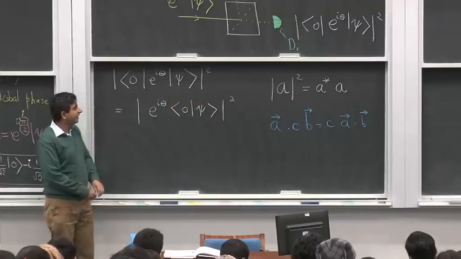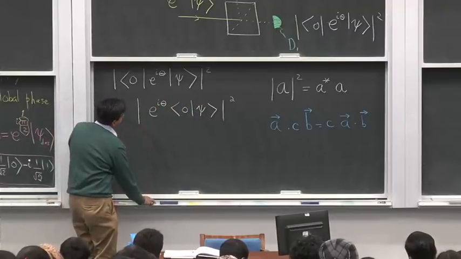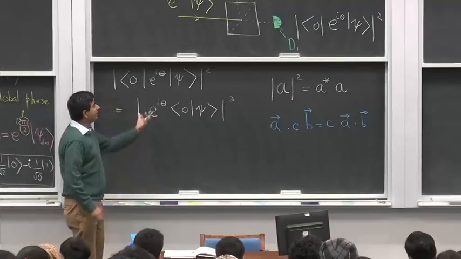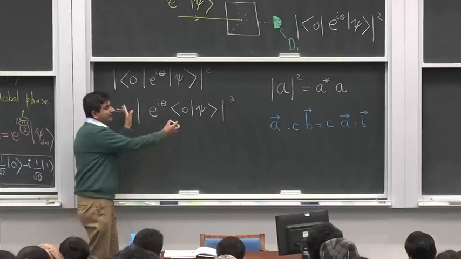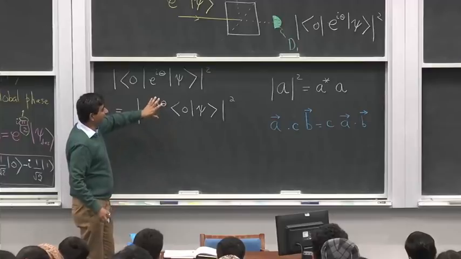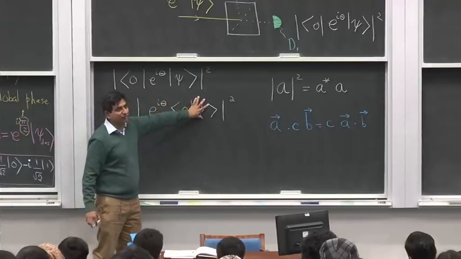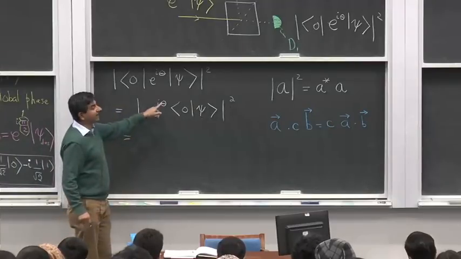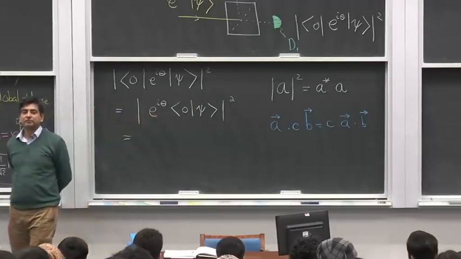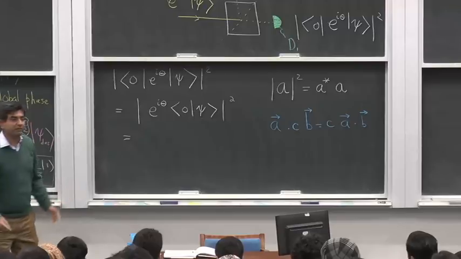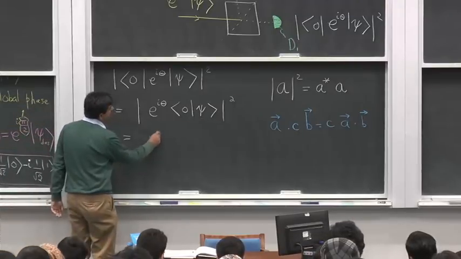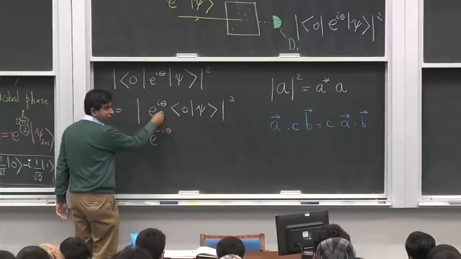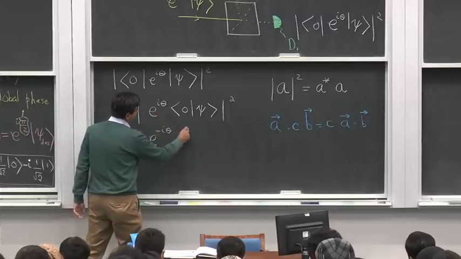Okay? Now if I look at this factor, this is a number, I would like to find the modulus square of this number, so I'd like to find the modulus square of this and the modulus square of this. So now what's the modulus square of e^(i theta)? It's just 1, because this is e^(-i theta), the complex conjugate of this multiplied by the number itself.